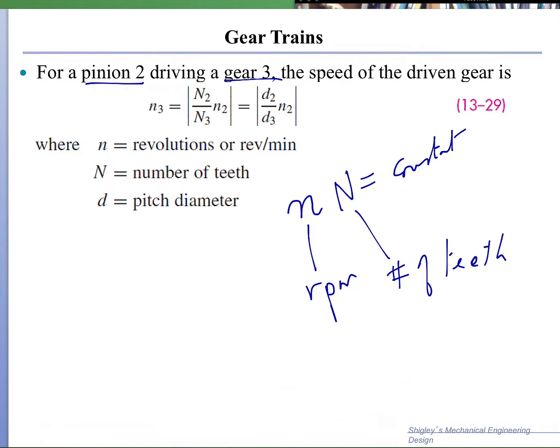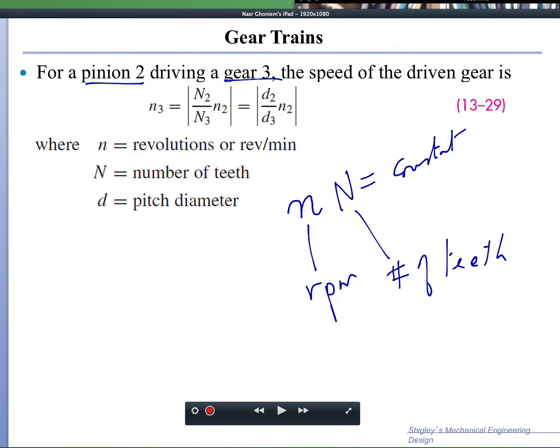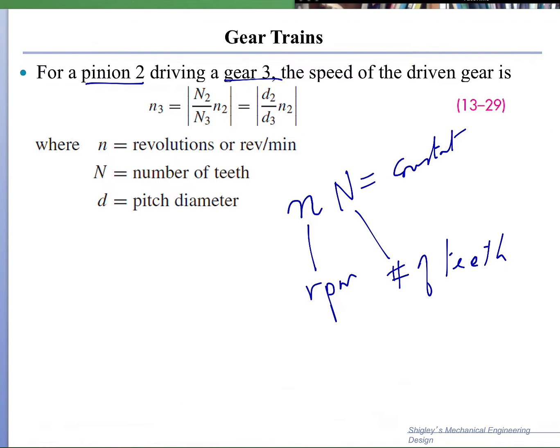And the reason for this formula is that we know that the linear velocity at the tangent of the 2 gears is fixed, and the linear velocity is r omega. So r omega is fixed, and r is like d over 2, and d over 2 becomes the number of teeth via the pitch, and omega is like the RPM, which is n.